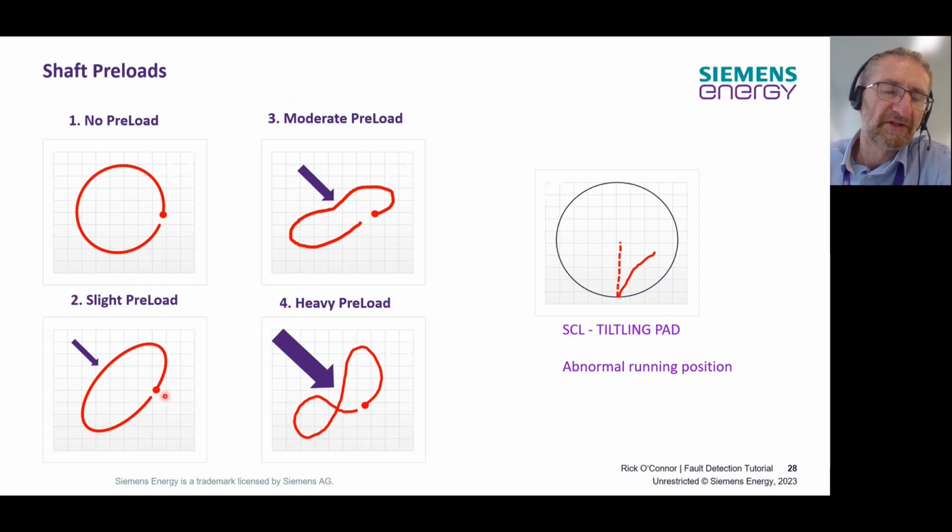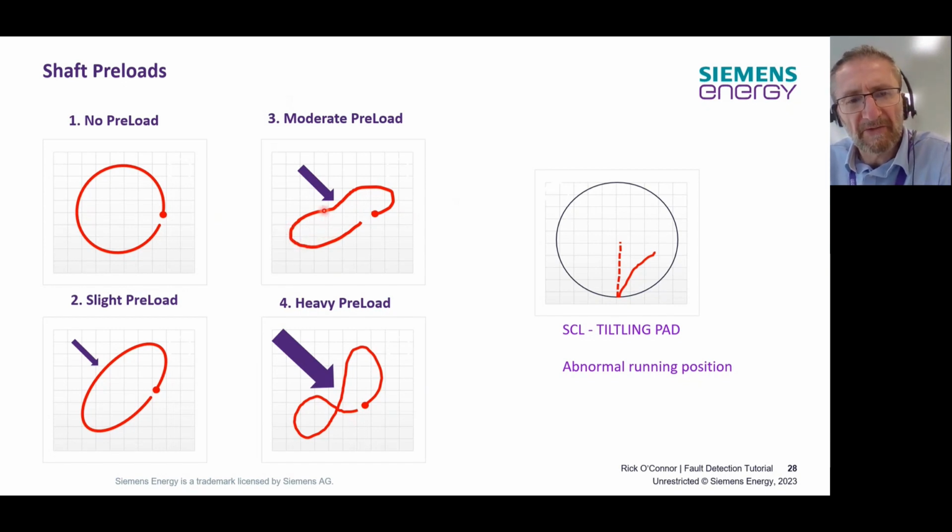You'll always have a certain degree of preload, and that's basically because the stiffness in one direction is never really going to be totally equal to the other. So this is quite a normal illustration of an orbit. However, if there's some force put upon the rotor to push it over, then you may start to see this squashing of the profile.